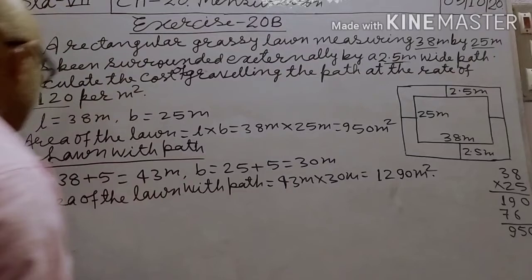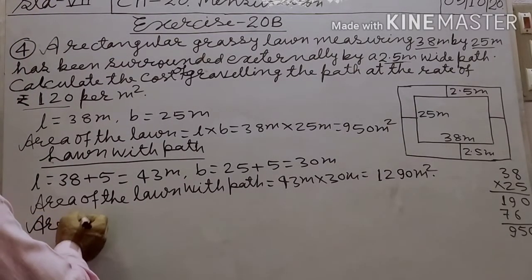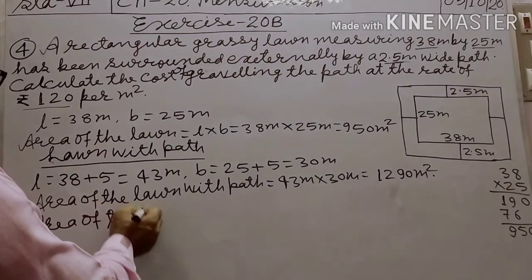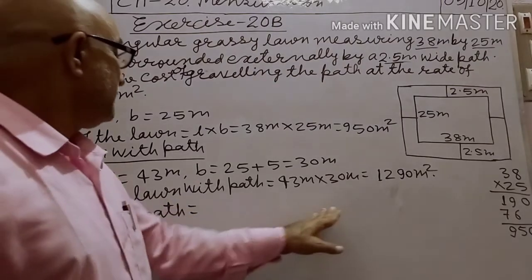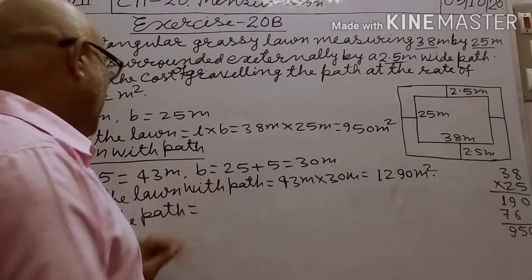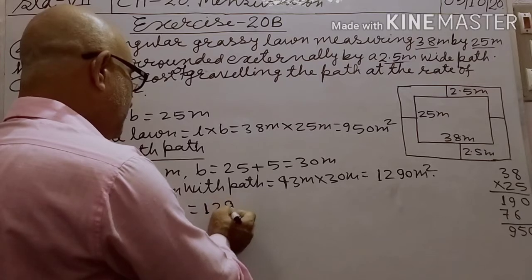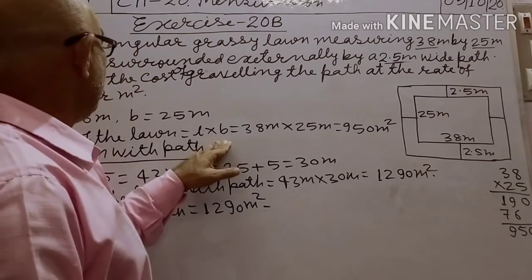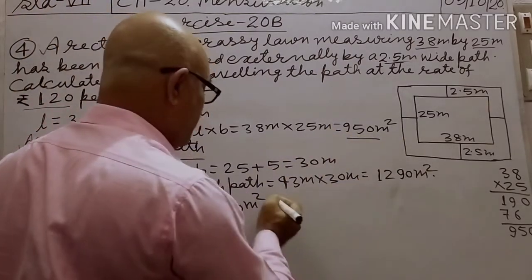1290 meter square. Now find the area of the path. Area of the path equals 1290 meter square minus area of the lawn, 950 meter square.